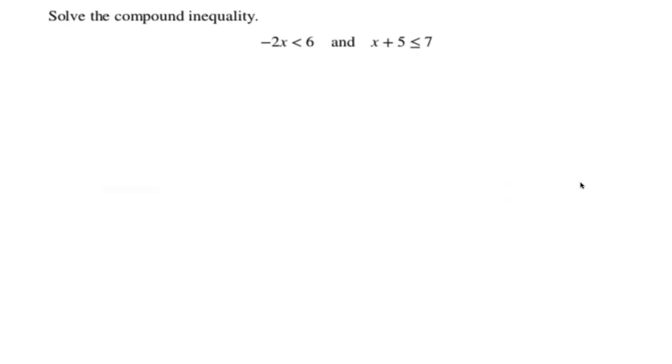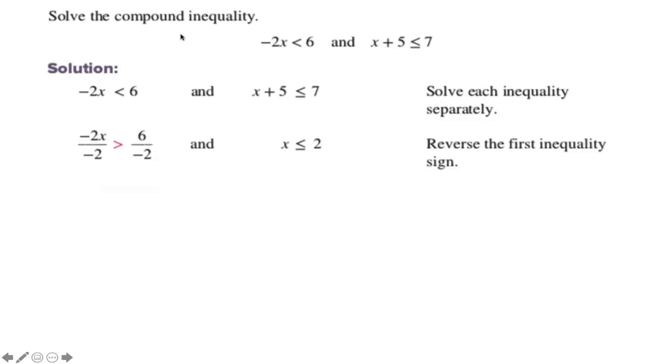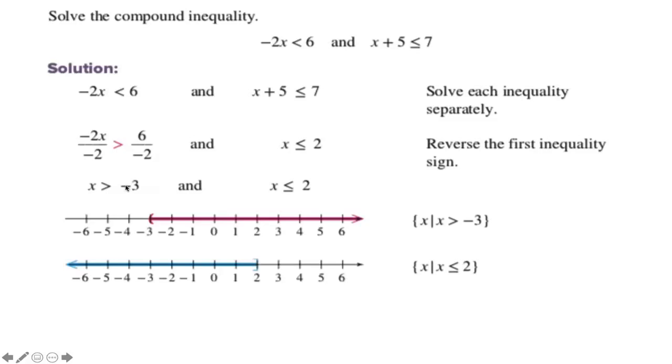Okay, how do I solve this compound inequality? This is an AND. So we solve them separately like we did earlier, and then we combine them with an AND, which is an intersection. On the left side I divide by -2, so I switch the inequality, and I get x is greater than -3. On the right side I subtract 5 from both sides, preserving the inequality, x is less than or equal to 2.